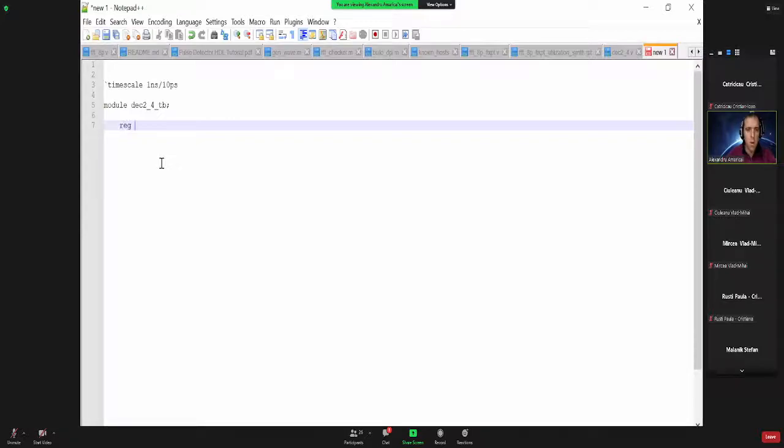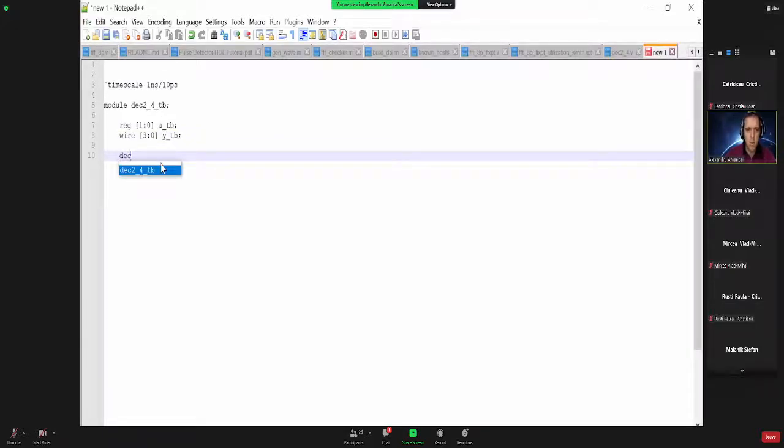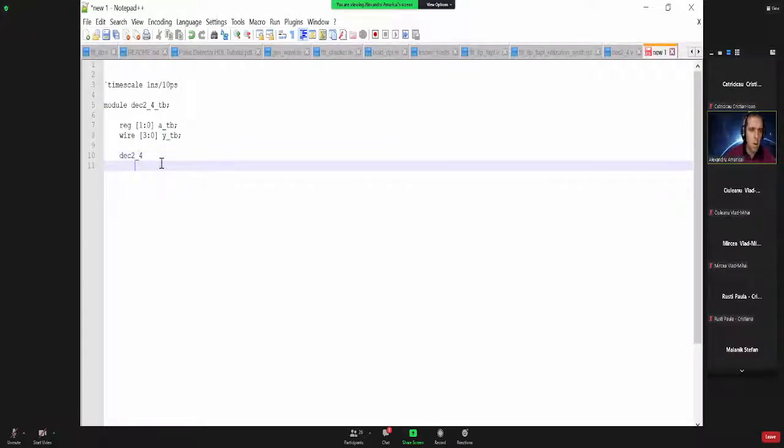We have something to assign the inputs, and we're going to follow the outputs. First of all we have the module instantiation, and here we have the name of the instance, let's say dut.